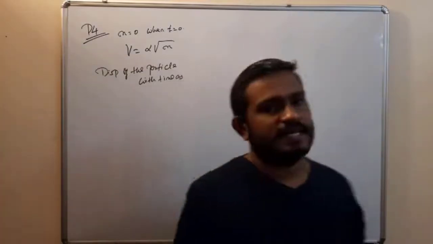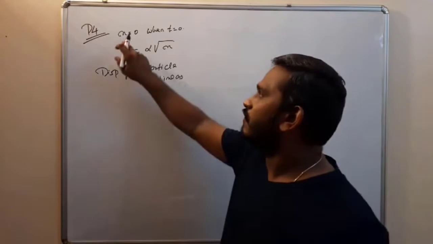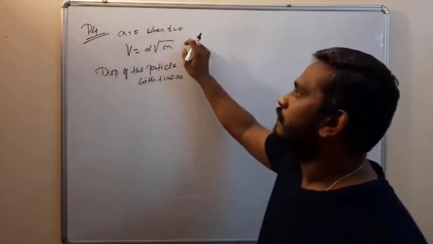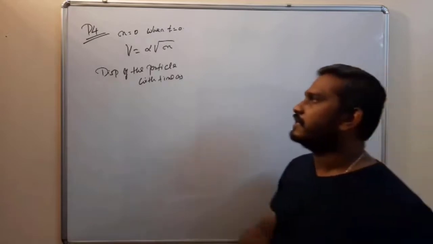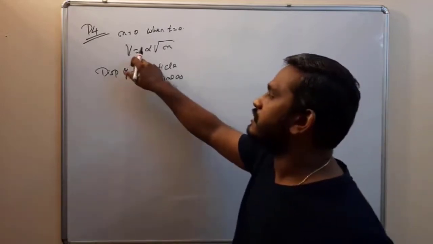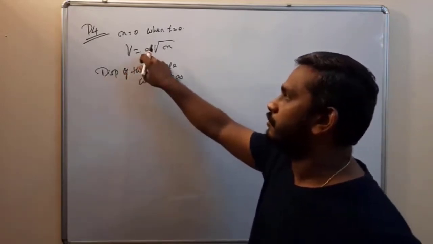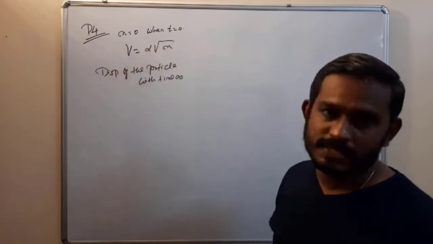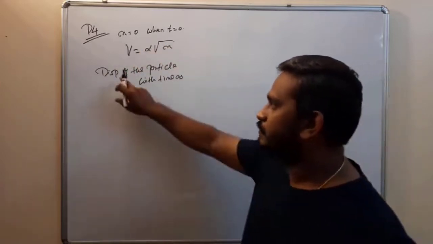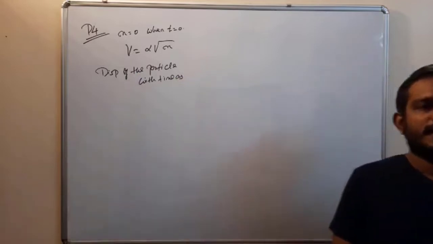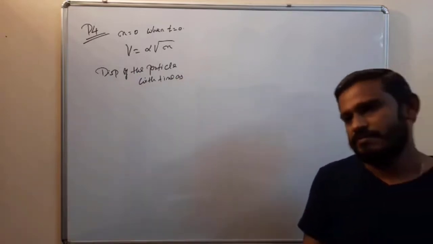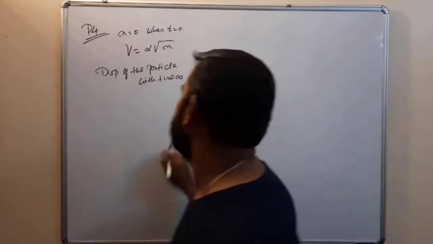It is given that when x is equal to 0, time is equal to 0; that's one condition. The instantaneous velocity of the particle is v is equal to alpha into root x. We have to find the relation between displacement and time.